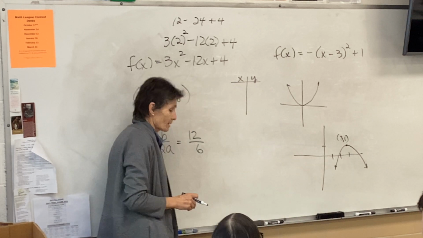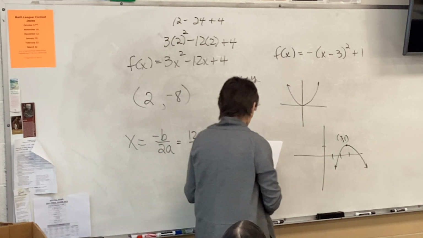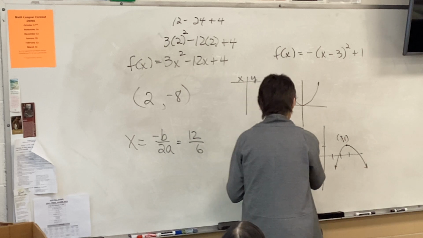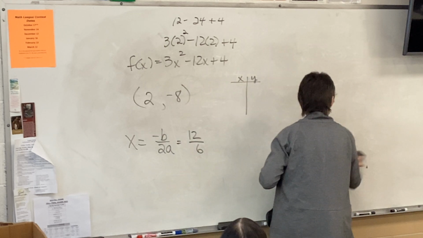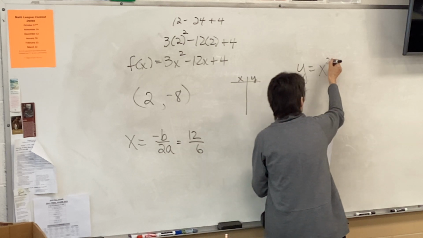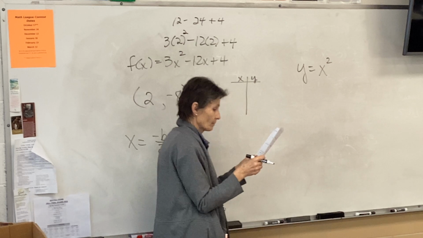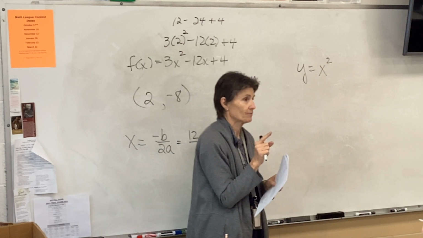All right, there's our vertex, done. Number 13, write the equation that would result. Okay, now you're going to write your own equation. You're going to start with your parabola, x squared. You're going to go 2 units to the left.